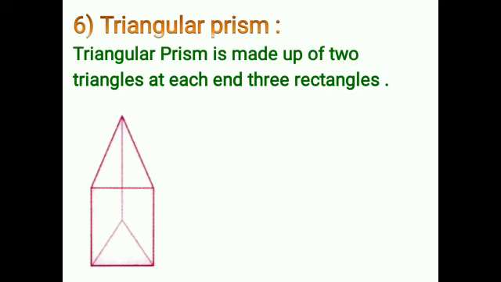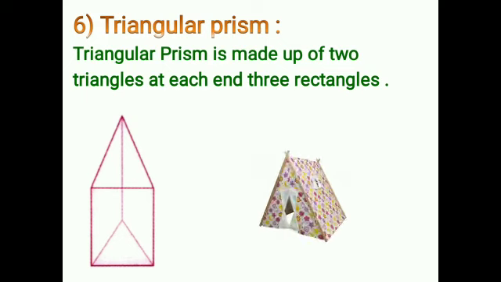A triangular prism contains three rectangles. This is the first, this is the second, and this is the third rectangle. So there are three rectangles and two triangles. This is the condition for a triangular prism.